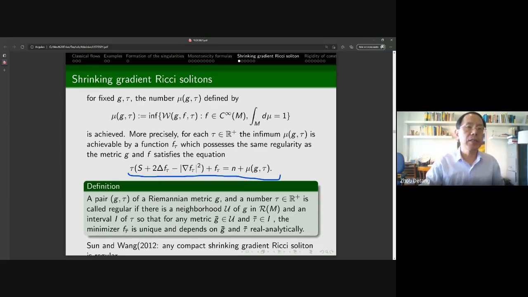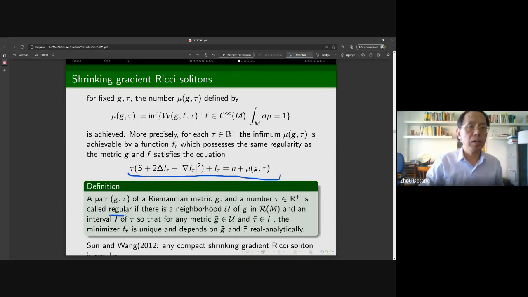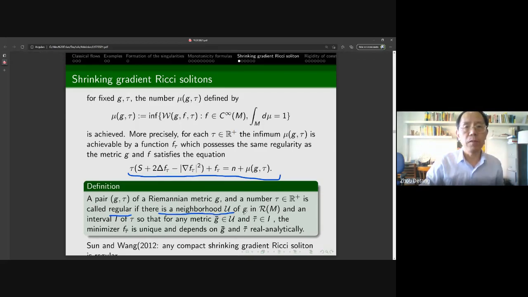It is interesting that, using this concept, a pair of a Riemannian metric and a number is called regular if there is a neighborhood U of this metric and an interval of tau such that for any metric and tau, the minimizer is unique and depends on g and tau analytically.